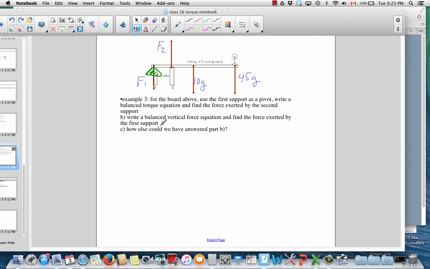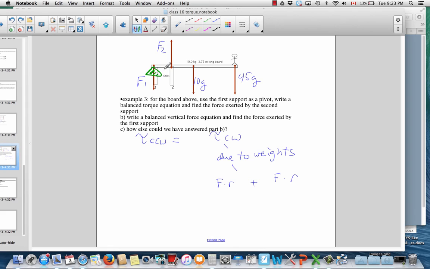So let's write that balanced torque equation. Torques counterclockwise will equal torques clockwise. With this pivot point, both of these weights tend to rotate clockwise. But because each force acts at a different distance, we're going to have two torque terms here, one for each weight.